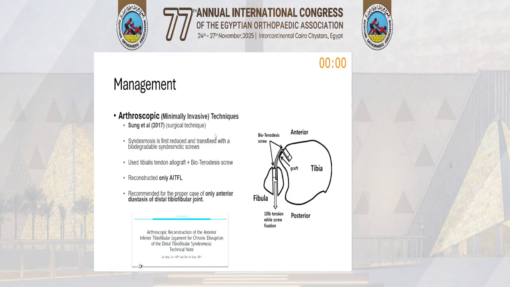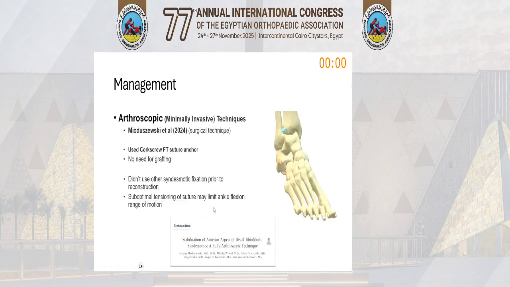Again, surgical technique without case series: syndesmosis reduced and fixed with biodegradable syndesmotic screws, tibialis tendon allograft with biotenodesis screw for the fibula and biotenodesis screw for the tibia only. AI-TFL reconstruction is recommended for the proper case of only anterior diastasis of the distal tibiofibular joint.